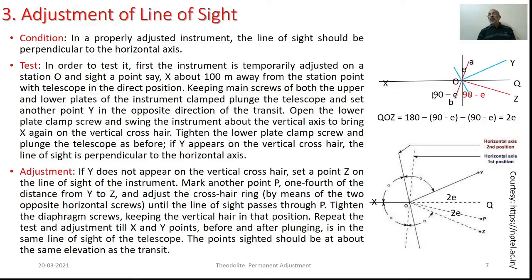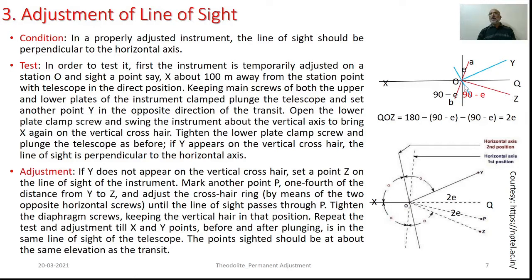Now, by loosening the lower plate, let's have the equipment rotated so that this X station will be rebisected with now face right condition. So clamp the equipment, again plunge the telescope and mark the point.